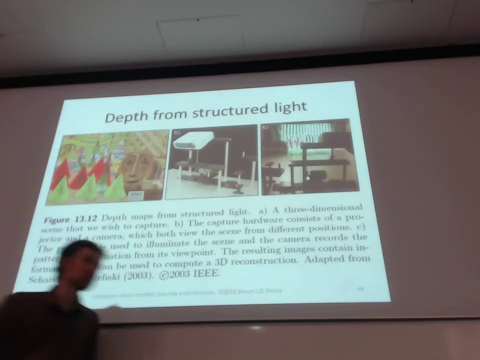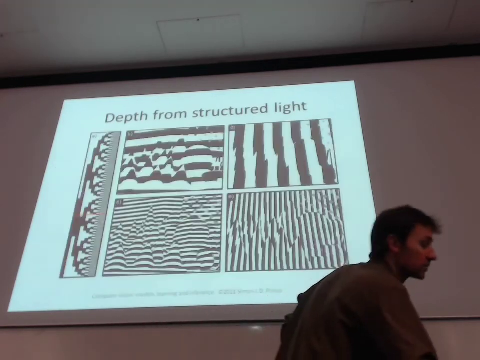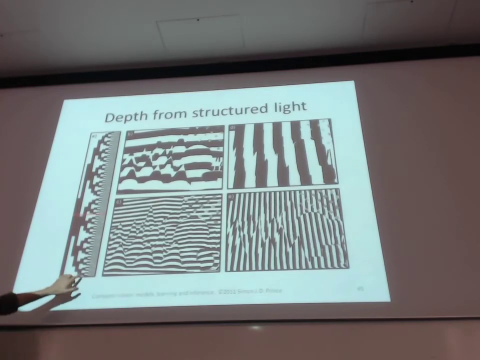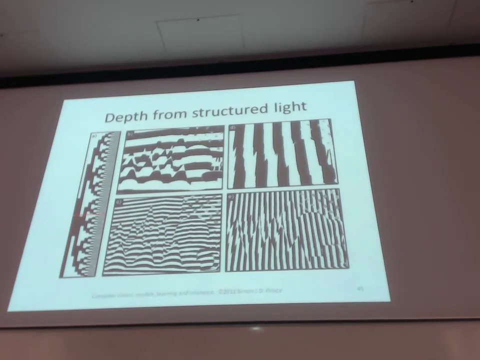Except instead of using the binary code, they said, you know what, we'll project these funny shaped blobs. And from those funny shaped blobs and our known calibration, we can pretty accurately localize points because we know enough not to look for, let's say, a zebra point here all the way down here on the right.